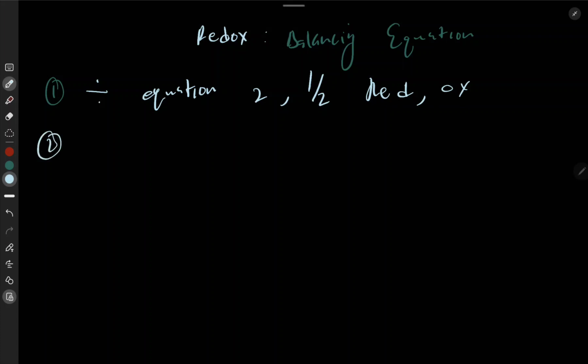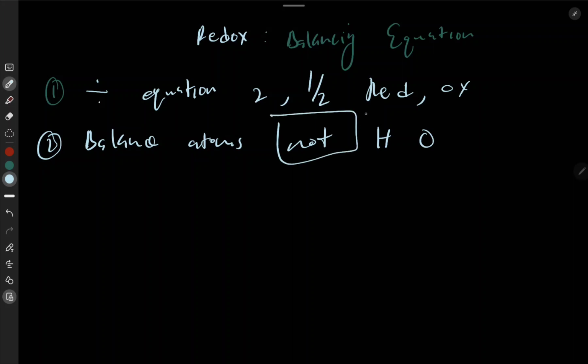And second step, you'll have to balance your atoms, but not hydrogen and oxygen. Note this, not oxygen and hydrogen. Balance everything besides hydrogen and oxygen.